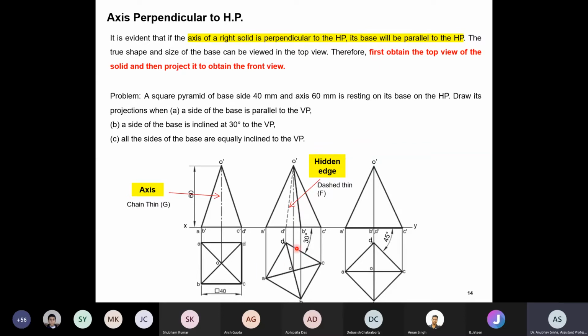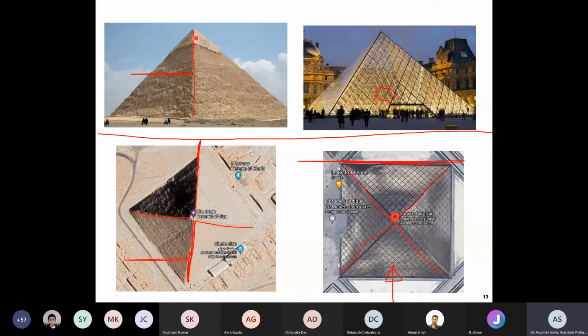Similarly, it is at some angle, so all of this will be projected, and from the center you take this axis O dash, make it at 60 mm given height, and then connect it with the outermost projections. Okay, this corresponds to your, for example, here this is the height and connect it to outermost projections.